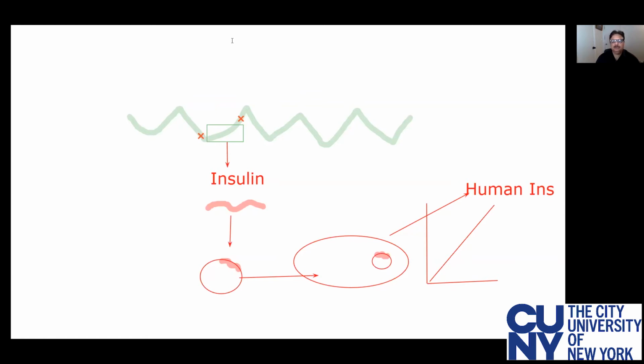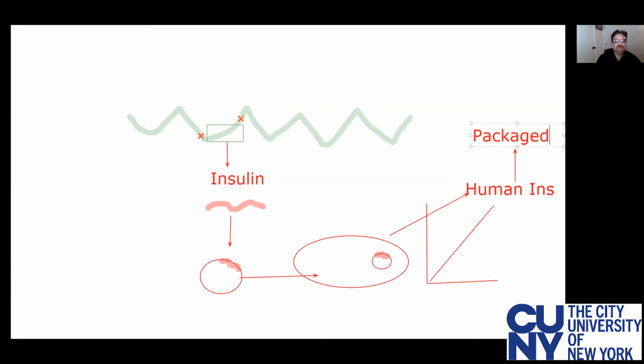This human insulin can then be scaled up at an industrial scale, and then it can be packaged and given to pharmacies or clinics. Now I used some words. What words did I use?